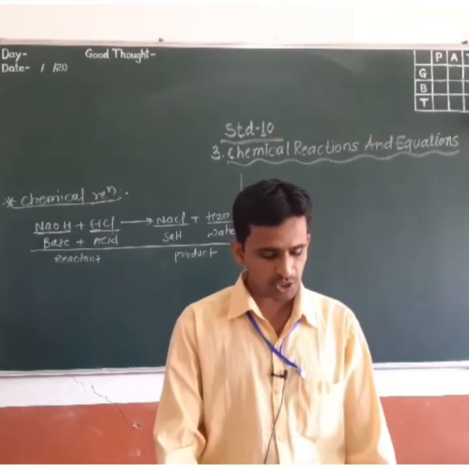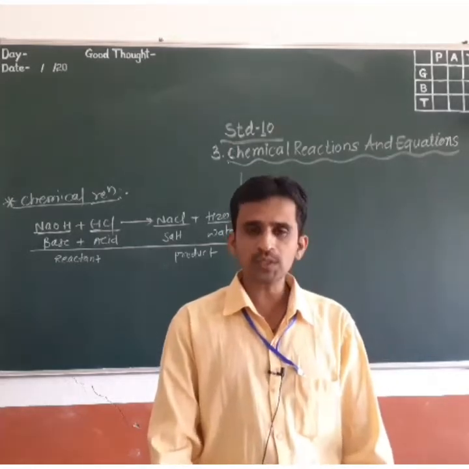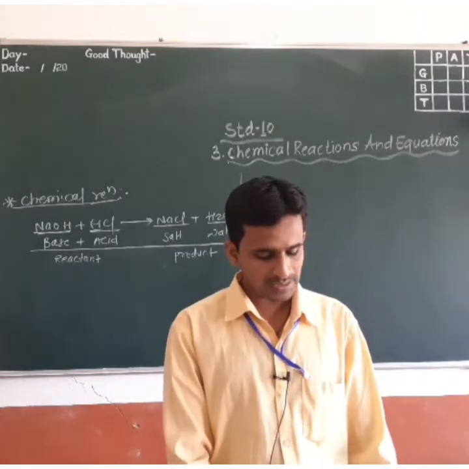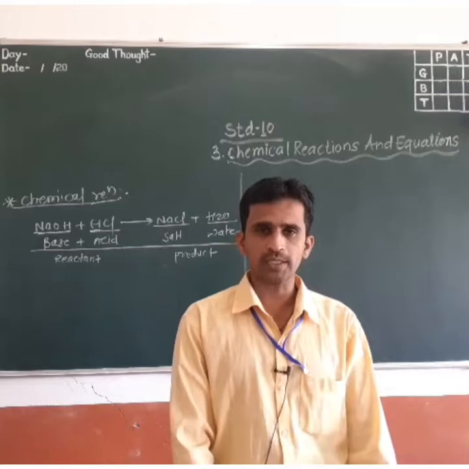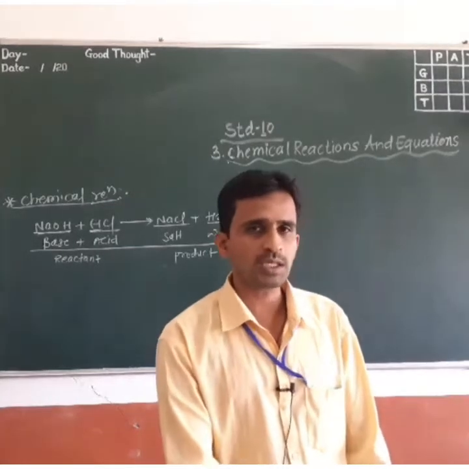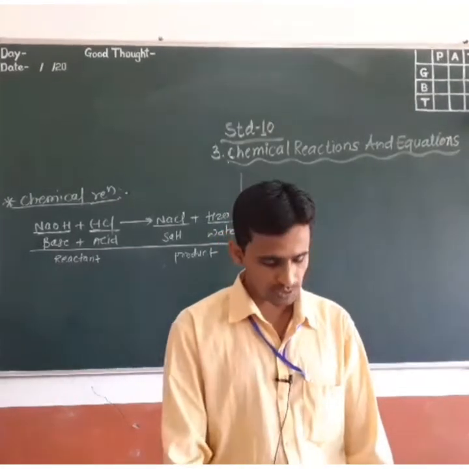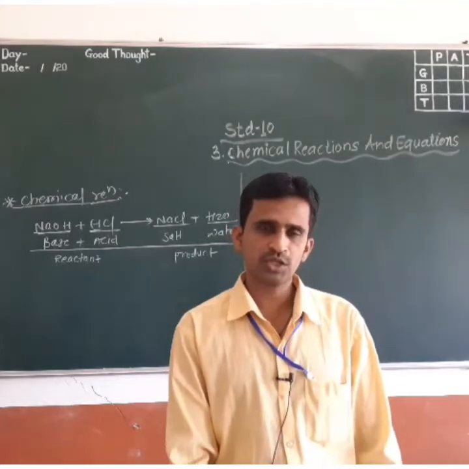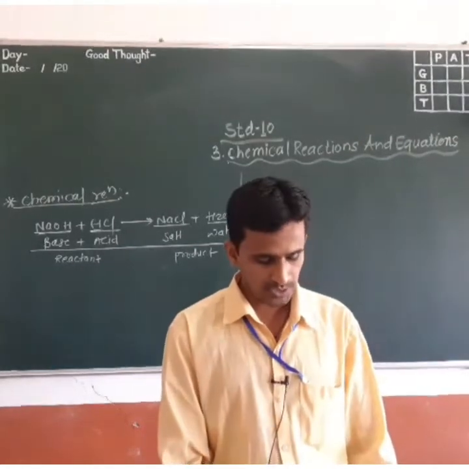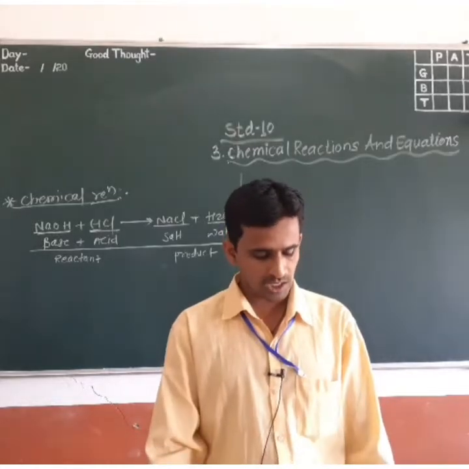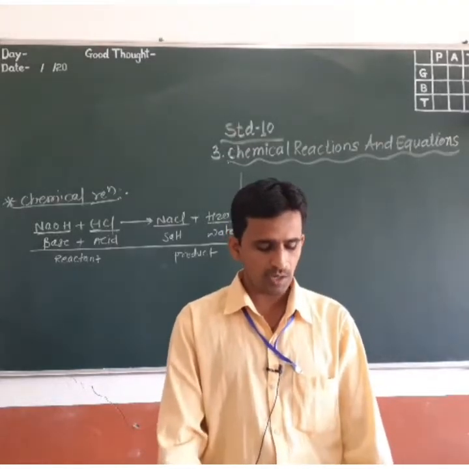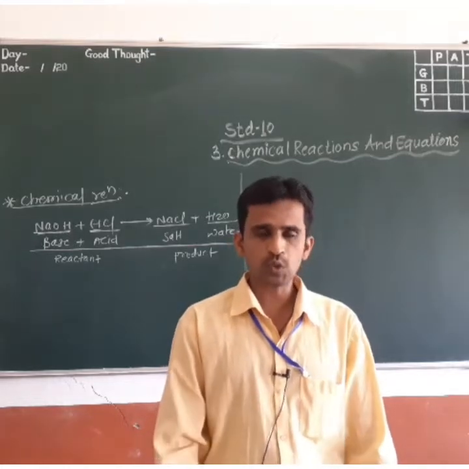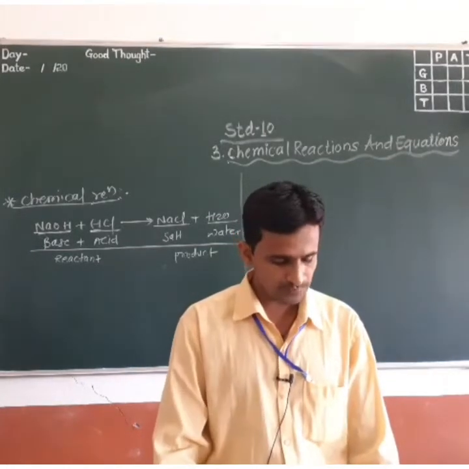Ripening of fruits is a chemical change. Milk turned to curd is a chemical change. Evaporation of water is a physical change. Digestion of food in the stomach is a chemical change. Size reduction of naphthalene ball exposed to air is a physical change.